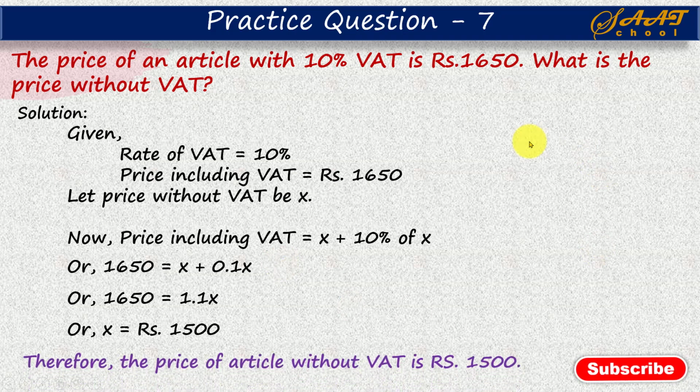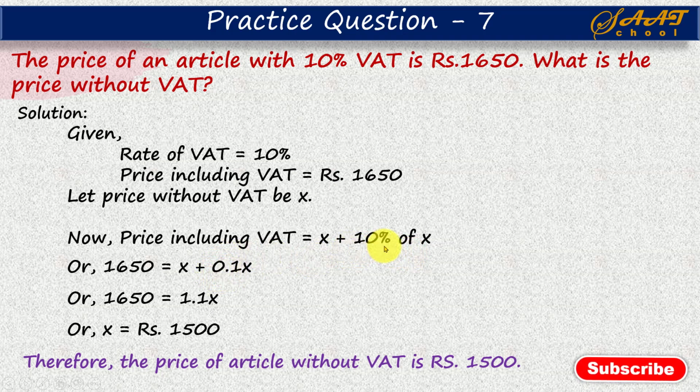Let's rewind again. So this amount is including VAT. That's why when we write here, price including VAT is price before VAT plus 10% of this price. So this is X plus 10% of X. Again, 10% is simply 0.1.